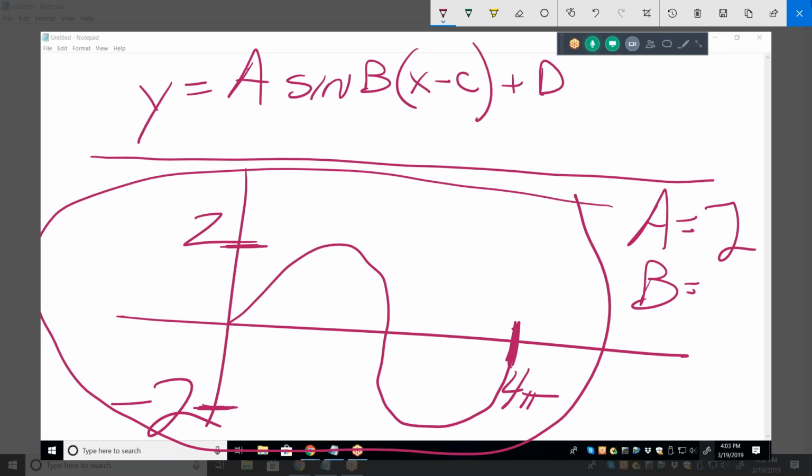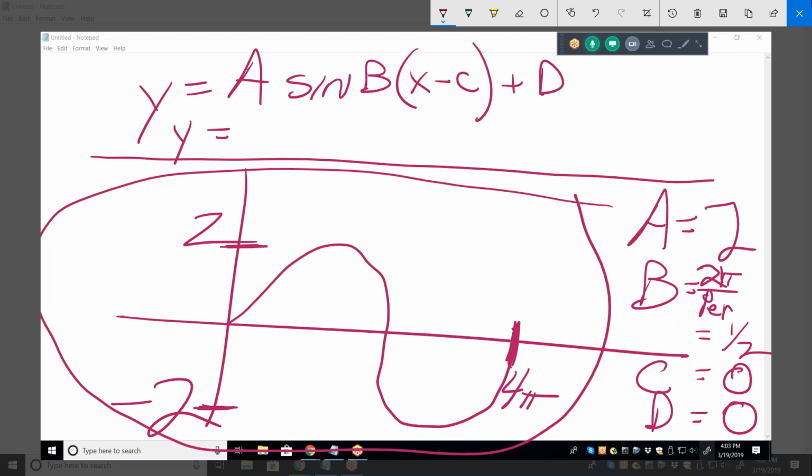Yeah, because B, just in case you're not that familiar with it, B is 2 pi over the period. The period is 4 pi, so B is 1/2. What's C? 0. There is no phase shift. And what is D? There's no vertical shift. So what's our function?